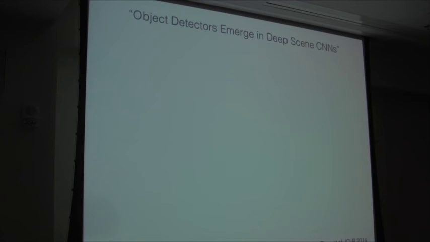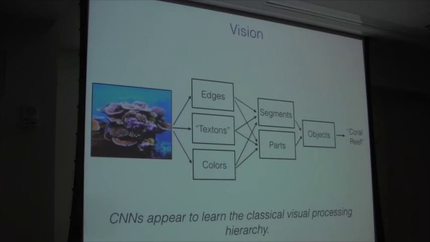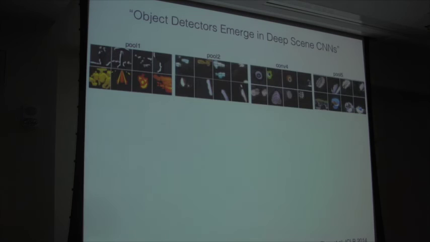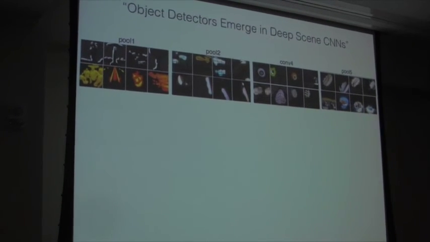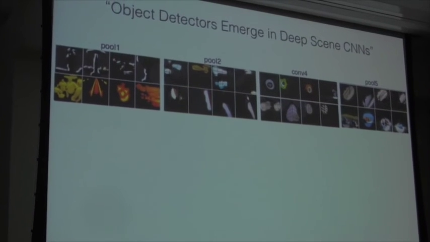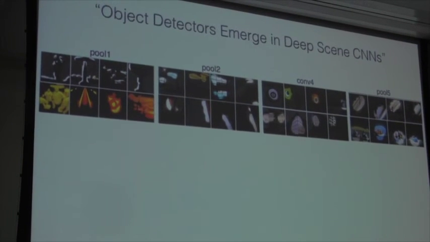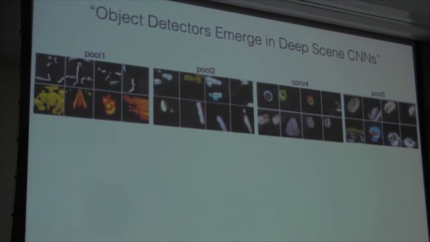OK, so let's think a little bit more about what these networks are representing as we move up. One interesting recent piece of work finds that object detectors may emerge naturally in deep networks in the intermediate layers.